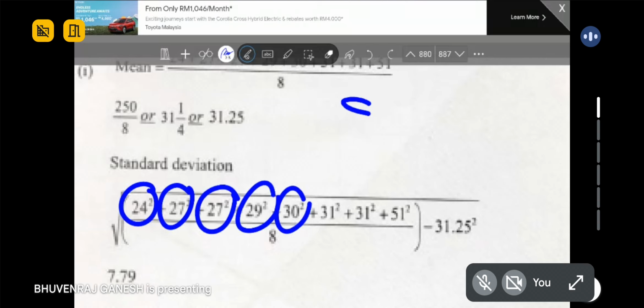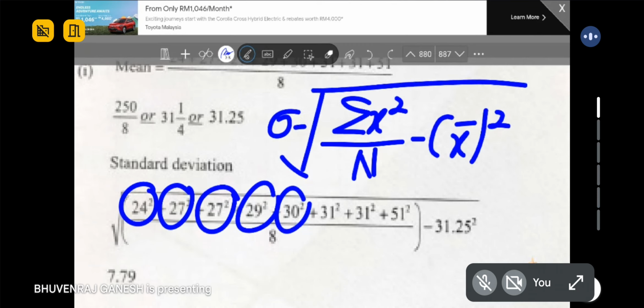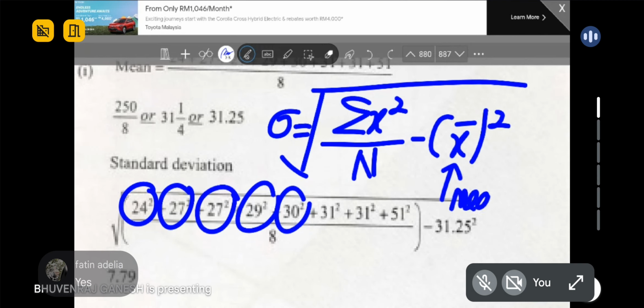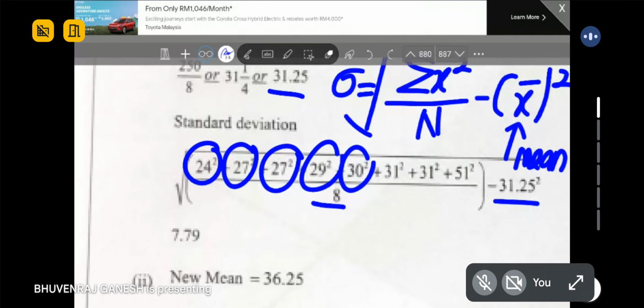The formula actually look like this for standard deviation. Have you guys seen this formula? All of you? Pernah nampak? This is for standard deviation, sisian piawai. So this one is mean. So kamu ganti jawapan tadi 31.25. This one total frequency, jumlah kekerapan 8. So final answer 7.79.